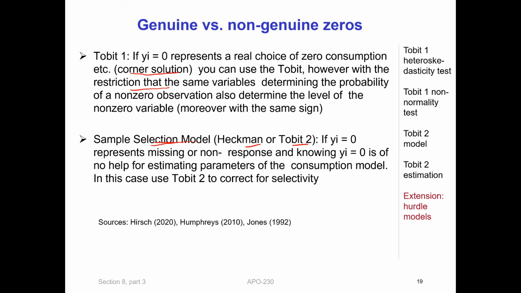For that, we can't really know when we look at y_i equals zero, whether it's really because the person decided to consume nothing, zero, or because the data is missing and not applicable. So this is the category where the Tobit 2 model fits in. I will talk about it later a bit more with the missing and non-response and why that is the case with the Tobit 2.